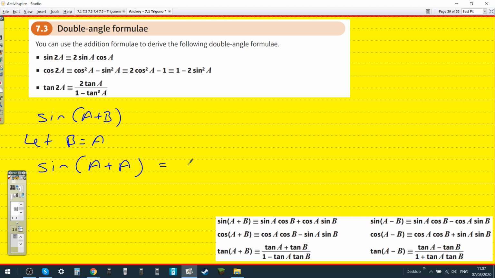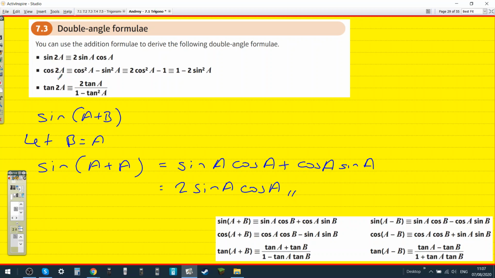You would get sine A cos A plus cos A sine A. Simplify. So 2 sine A cos A. Yeah, it's like xy plus yx. Same thing.